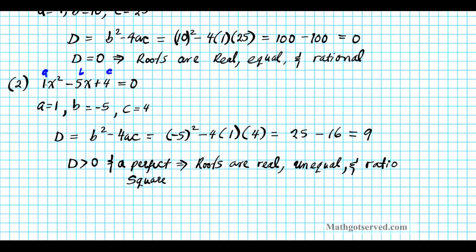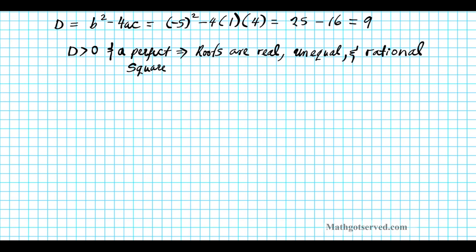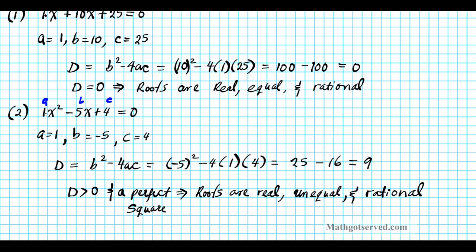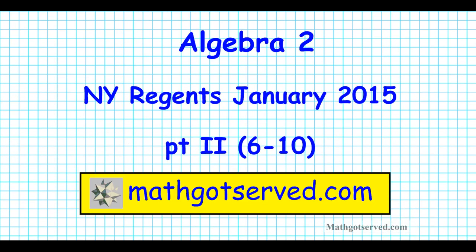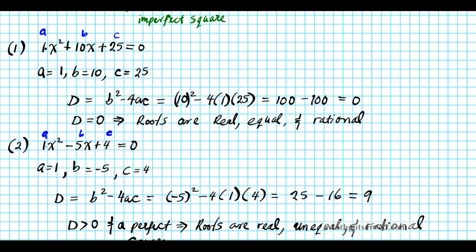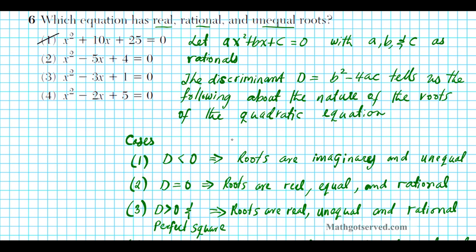And this is exactly what we want. If we go back to the options, we'll see that case number 3 corresponds with what we desire: real, rational, and unequal roots. Our answer for this problem is option number 2.